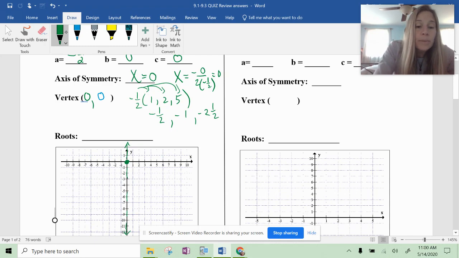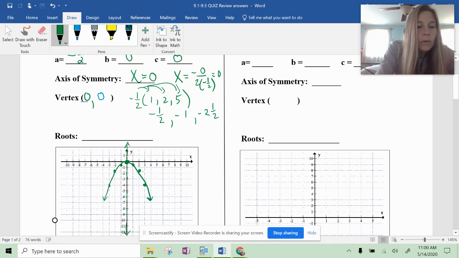So from my vertex, I'm going to go down 1/2 over 1, then down 1 over 1, and then down 2.5 over 1. And notice when I went down 1/2 over 1, I was in the middle of that box. So then when I had to go down 1, I was in the middle of the next box. And then down 2.5 was 2 full boxes in that remainder of that one. Same thing on the other side of the axis of symmetry. And then this would be what my graph looks like.